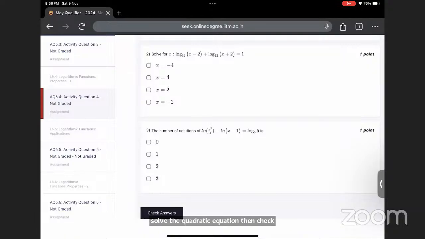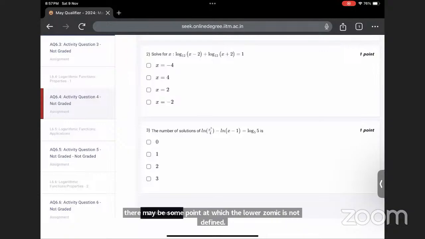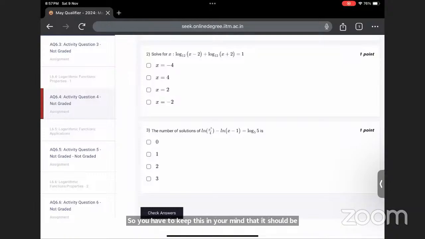Suppose you find two solutions from a quadratic equation, right? But there may be some point at which the logarithm is not defined. So keep in mind that it should be a solution of the quadratic equation and it should at least be defined, I mean, it should be a member of the domain of the logarithmic function.